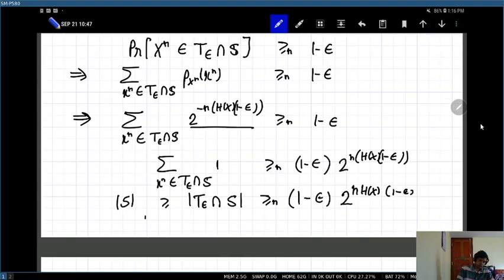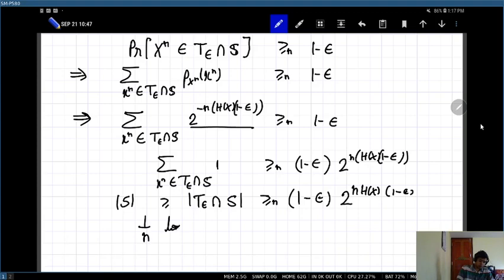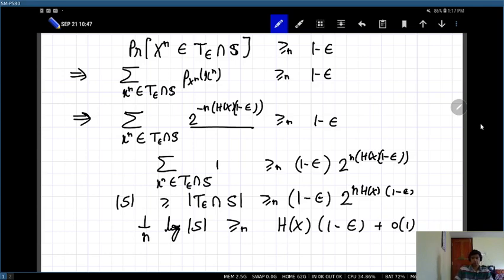So the rate, 1 over n log size of S, is greater than or equal to, for all sufficiently large n, H(X) times (1 minus epsilon) plus little o of 1, some quantity which tends to 0 as n tends to infinity. So note that S describes some fixed length compression scheme. We didn't assume anything about S except that it had a vanishingly small probability of error, right?